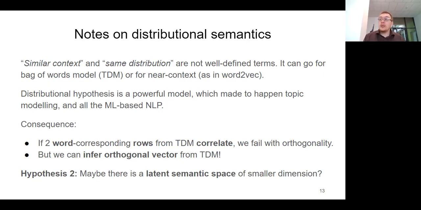The consequence is that the distributional hypothesis significantly changes our worries about the fact that words which occur together definitely correlate. They not only correlate in terms of the term-document matrix, but they also share meaning. They share the concept.